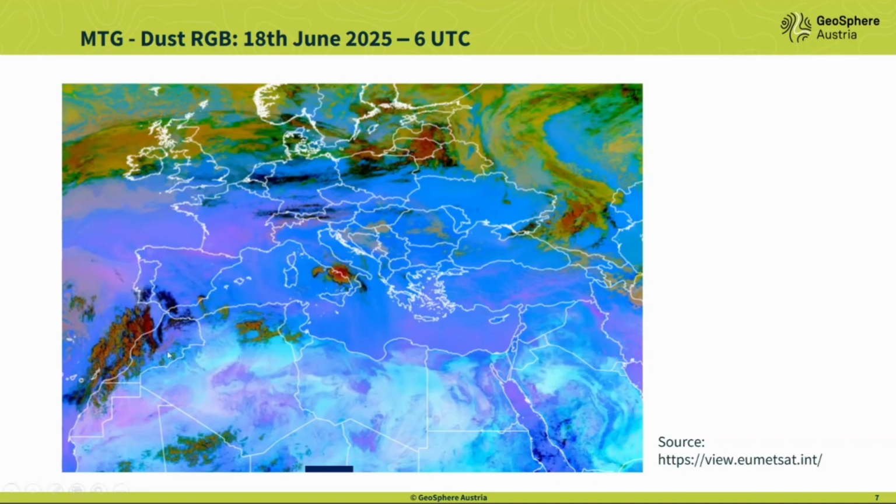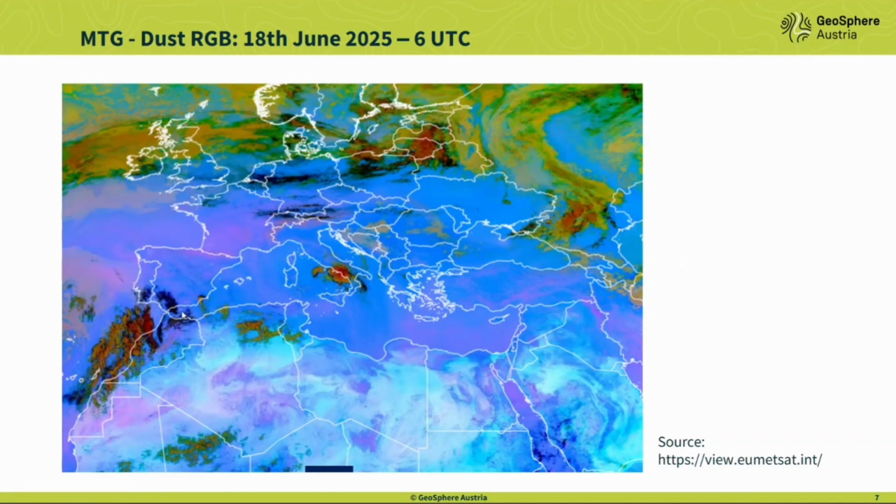And we can see some thin cirrus in the southern parts of Spain or over the Alps, central Germany, Poland. These black colors indicate really thin cirrus clouds, which are, for example, not visible in the natural color RGB or things like that. So the dust RGB is really good for that.